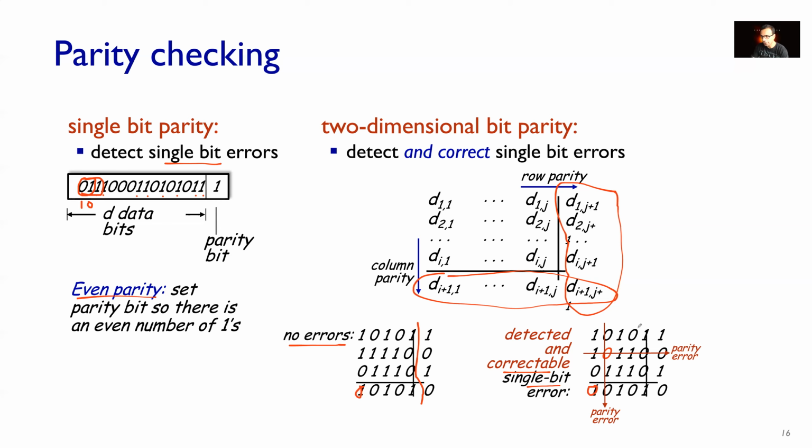You can try out, for example, changing this to a 0, this to a 1. And even though the row parity won't pick that up, you'll notice the corresponding column parities will pick up that error, right? So in fact, all 2-bit errors will also be detected in two-dimensional parity.